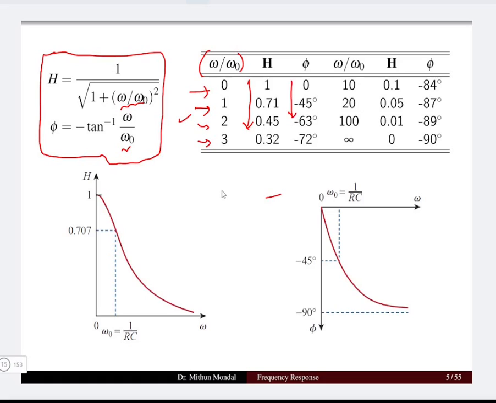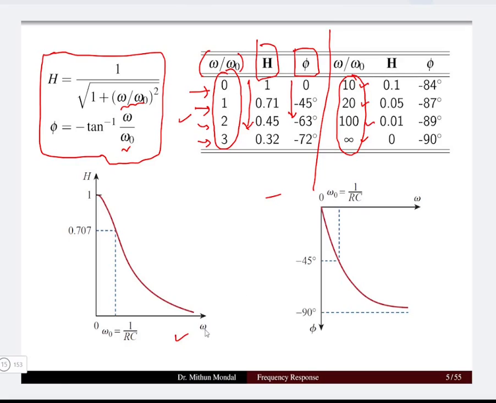We can still obtain the values for other values like 10, 20, 100 and infinity. So for varying this ratio of omega by omega naught, we can measure the magnitude as well as the phase and plot it, that is known as the frequency response.